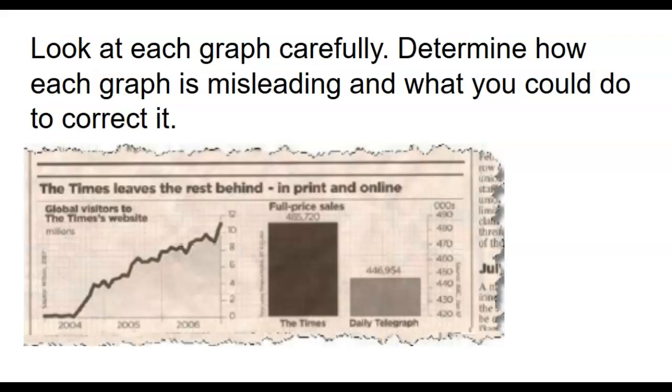This would be an example of data that is left out. The graph on the right does include data from another news group, but the vertical axis on the right does not start at 0. This makes it look like the Daily Telegraph has made less than half the full price sales than the Times, when the data actually shows it is only a difference of 38,000, or about 8%.